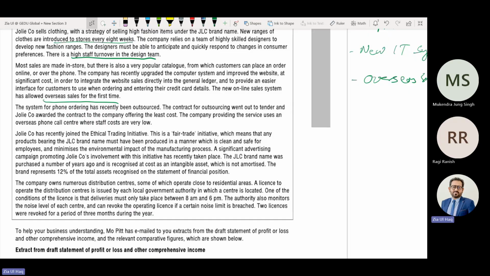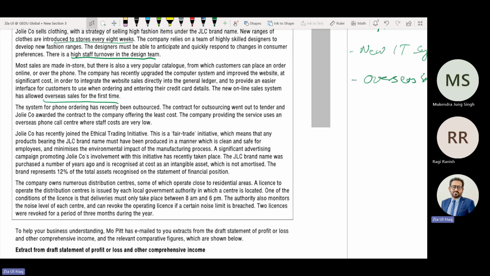Why? Because the cost is lower in those countries. They cannot establish their customer service department in the USA because the phone cost is higher there, the rent of offices is higher, even staff is expensive. So this company has outsourced their phone ordering system.